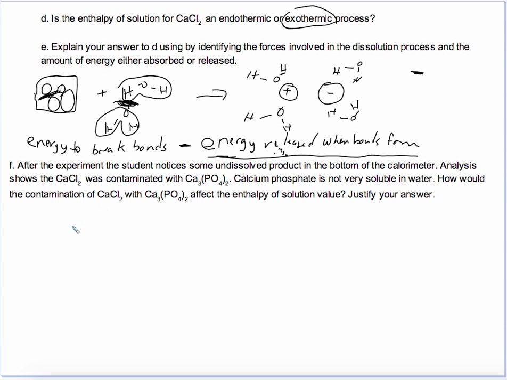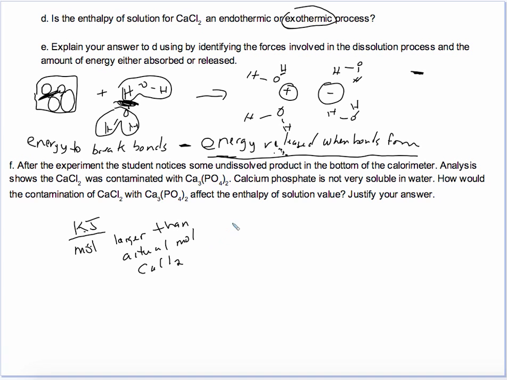Basically, you're going to have some energy, the kilojoules, but when you divide that by the moles, your moles are going to be larger than expected, larger than the actual moles of calcium chloride.